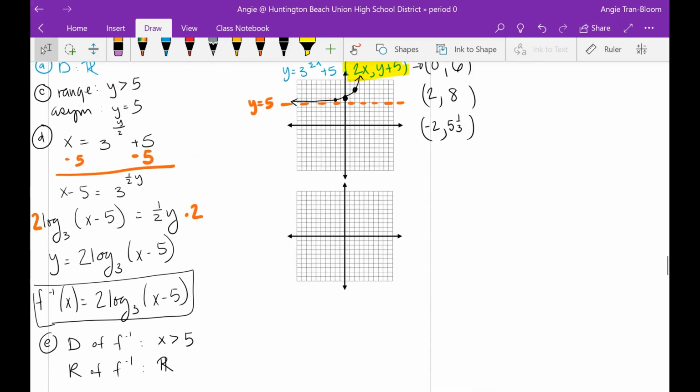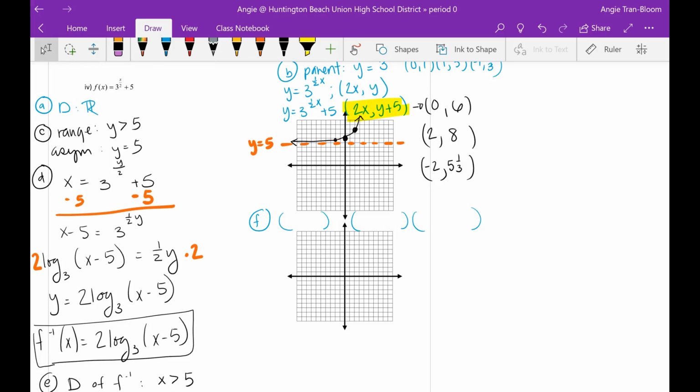Now I'm going to see if I can graph the inverse. What I need to do is switch my x and y. I already have the points listed right there. So 6, 0, 8, 2, 5 1/3, -2. I used to have y equals 5. Now x should be 5.